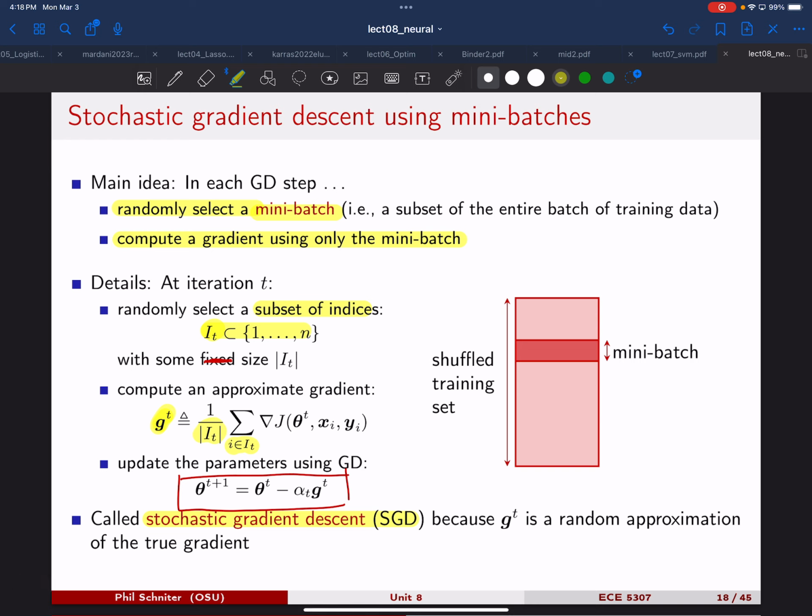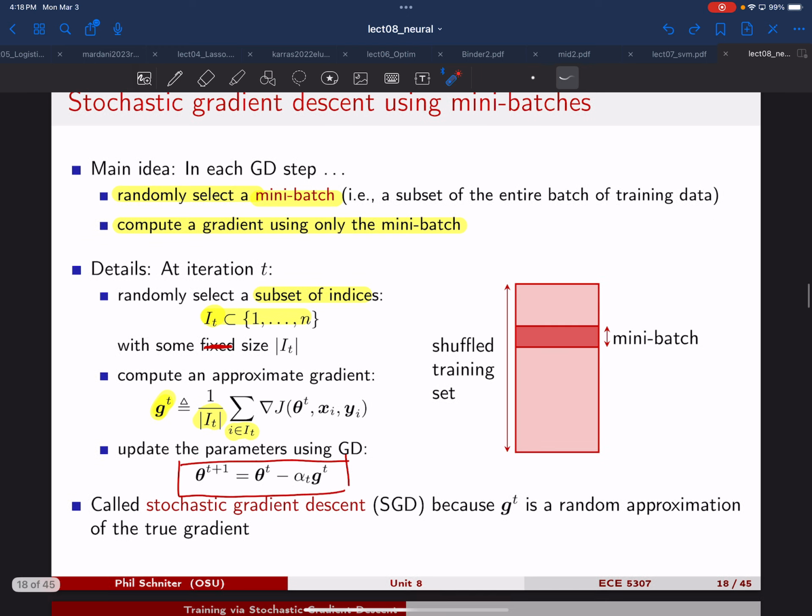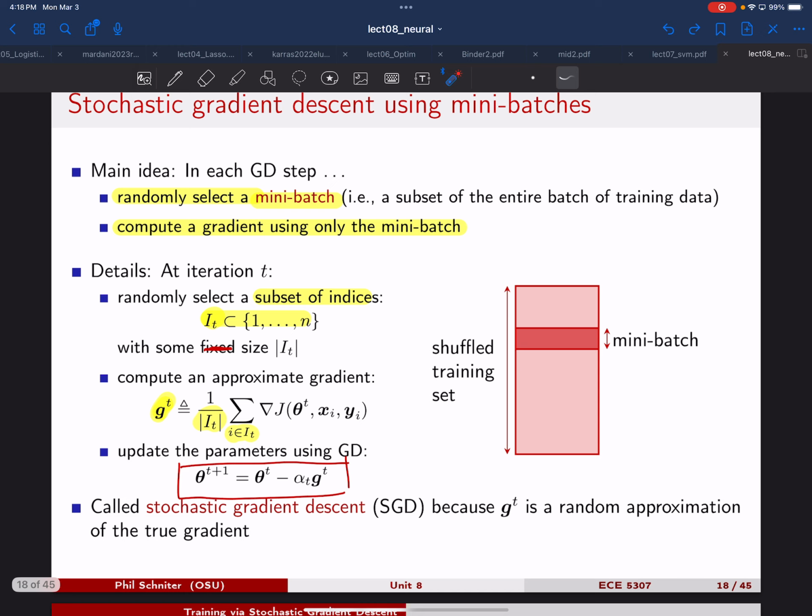But basically, what we're going to do is we're going to take our training data set and we're going to shuffle it once. And then we're going to take out the first 100, use those, then the next 100, use those, and so on until we go through all the samples once. And then we're going to reshuffle it and then start over. So that's what we'll do. Okay. Any other questions?